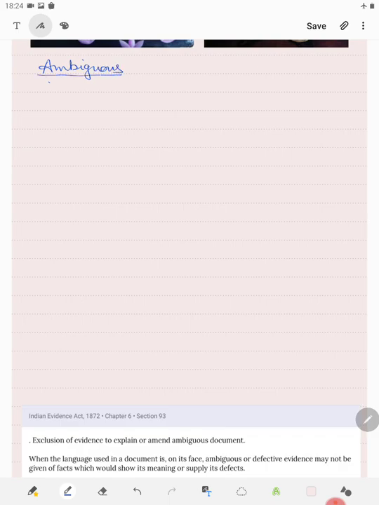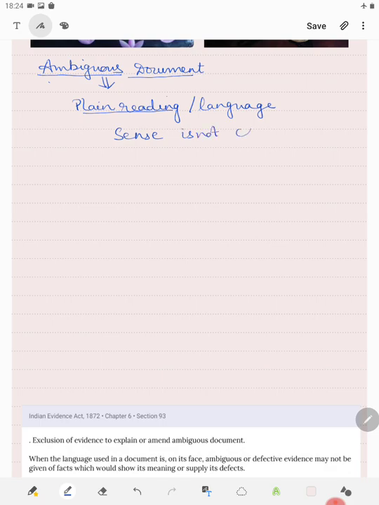So, ambiguous document. What is meant by ambiguous document? Ambiguous document means that from the language or a plain reading of the document, if we give a plain reading, or the language of the document is such that the sense is not clear, that it creates certain doubt as to how to apply it.